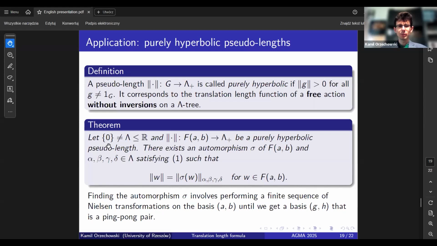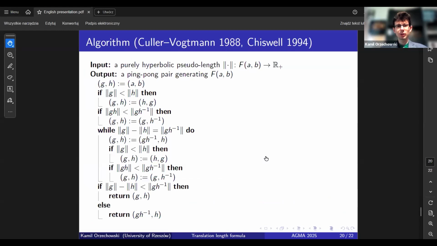It is not my theorem, but any purely hyperbolic pseudo-length on the free group depends on four scalars from lambda and an automorphism of the free group, and there is an algorithm. It was due to Marc Culler, Karen Vogtmann, and Ian Chiswell, but I provided a concise form.